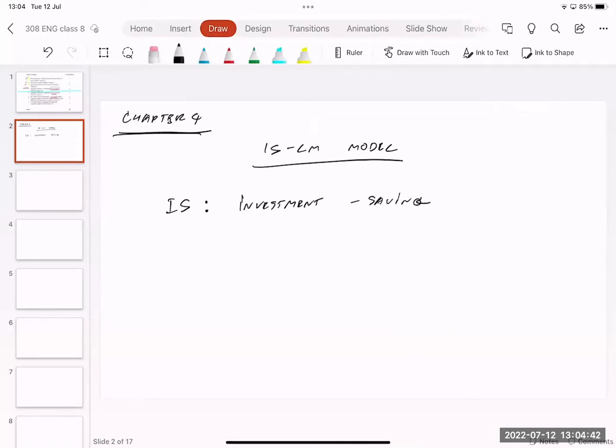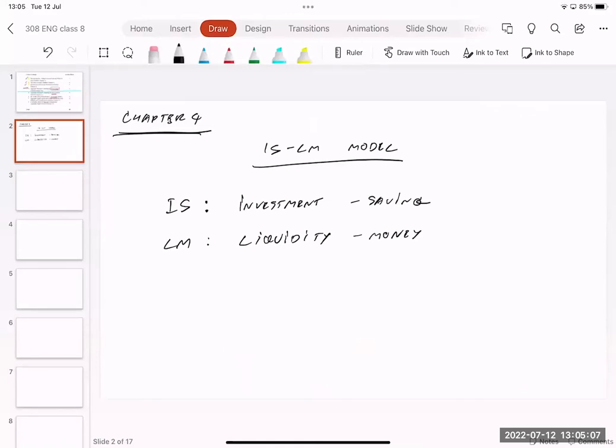On the other hand, the word LM comes from liquidity and money. Liquidity comes from liquid, like water. In economics, money is like water. Money can flow from one place to another, that's why we call it liquidity. Liquidity and money are the same thing.